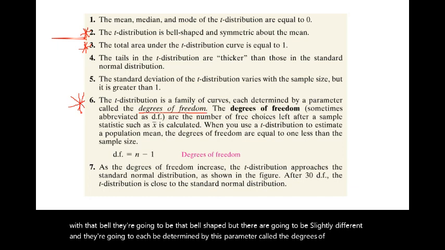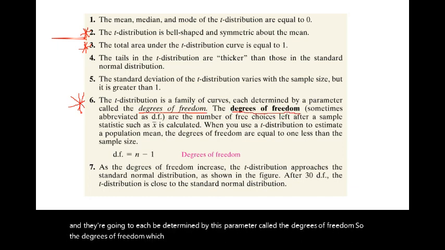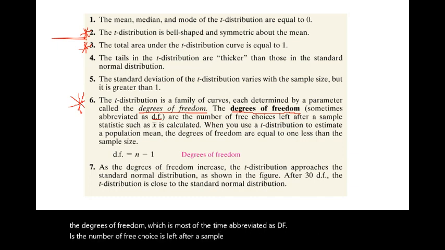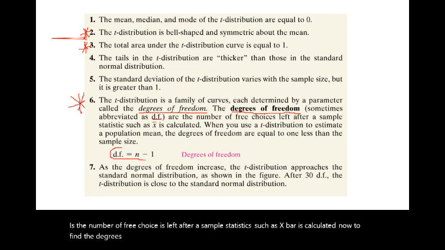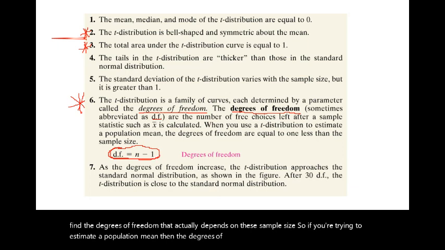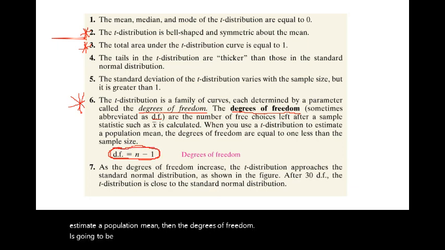The degrees of freedom, most of the time abbreviated as df, is the number of free choices left after a sample statistic such as x bar is calculated. To find the degrees of freedom, that depends on the sample size. If you're trying to estimate a population mean, which is what we're doing in this section, then the degrees of freedom is the sample size n minus 1.